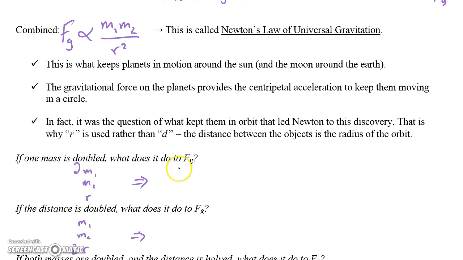We would get an equation of 2 m1 m2 over r squared. Now if we look at just this portion, this is our original. So we can conclude that if we double one mass, we will double Fg as well.